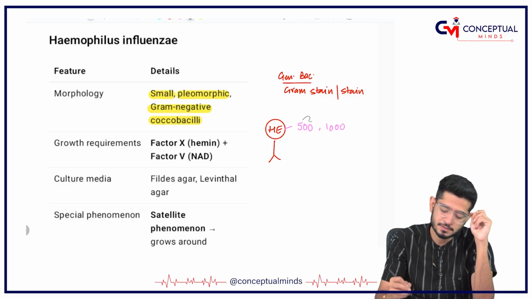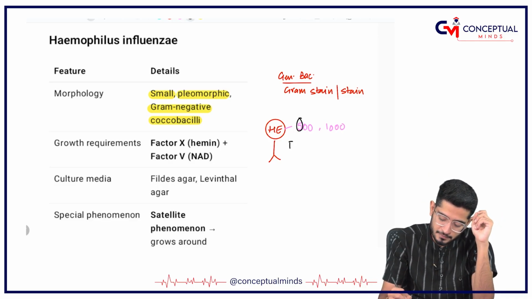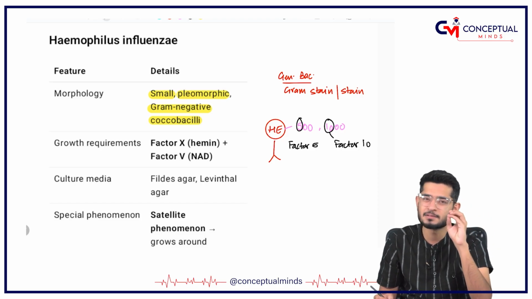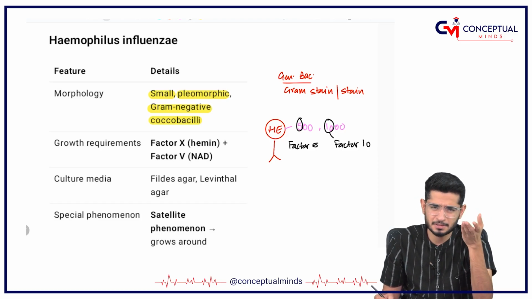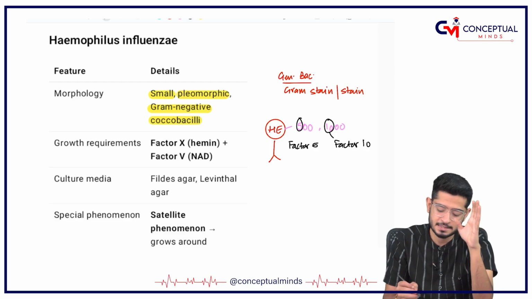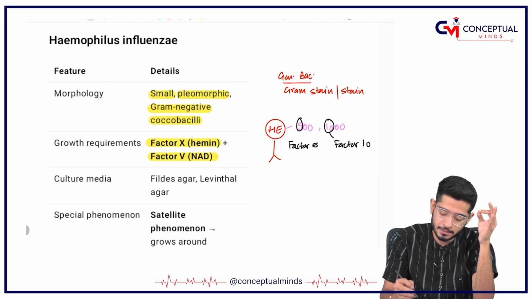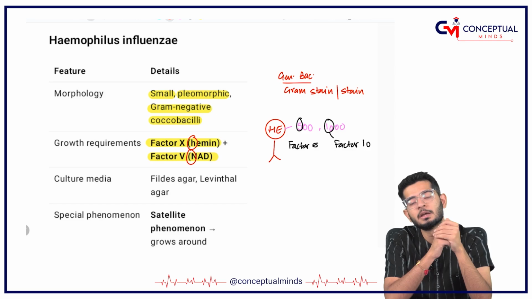So what I mean to say is, factor 5 is required for the growth, factor 10 is required for the growth. So Hemophilus influenzae requires some factors. Just keep in mind that it requires factor 5 and factor 10.